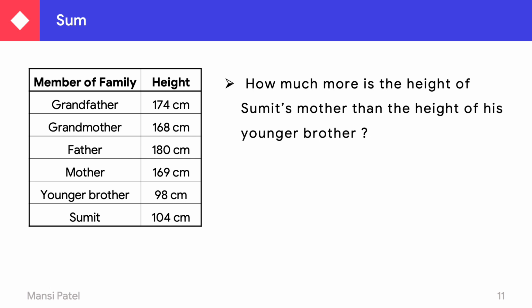Again in this they compare Sumit's mother and Sumit's brother. So whenever in the question they were doing the comparison, at that time you have to do the subtraction. So here we have to do the subtraction of mother's height minus brother's height. So 169 centimeter minus 98 centimeter. So our answer is 71 centimeter.